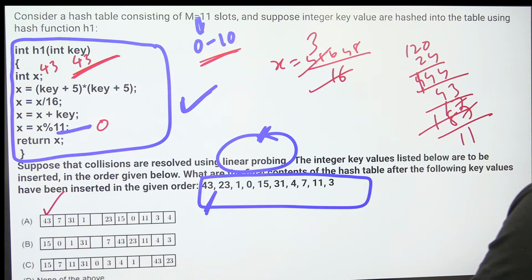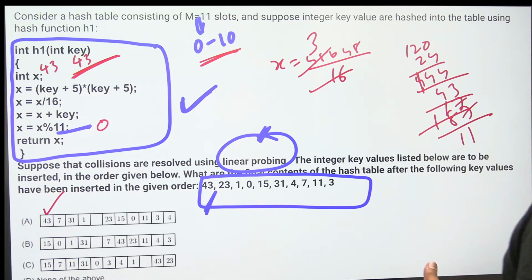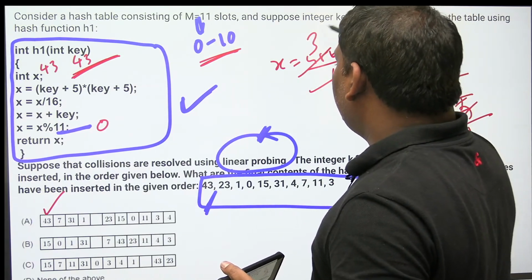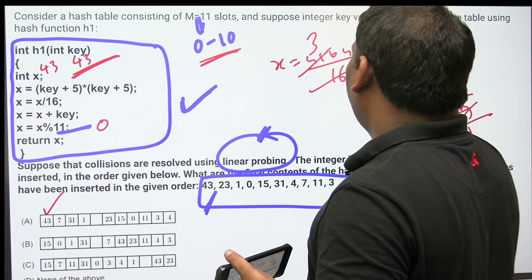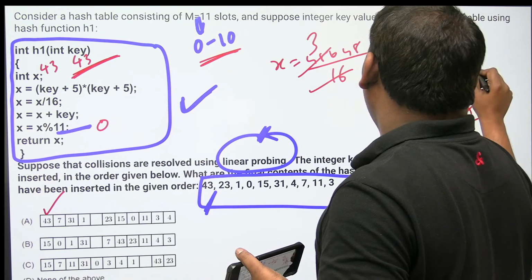Again, if you want, you can check once again. Key is 43. 43 plus 5 is 48. 48 into 48 followed by 16. 16 3 is 48. 3 into 48, 3 4 is 12, 120, 3 8 is 24, which is going to be 144.